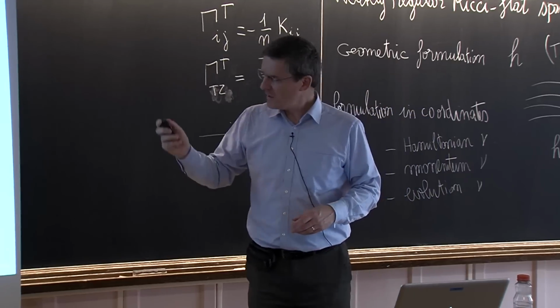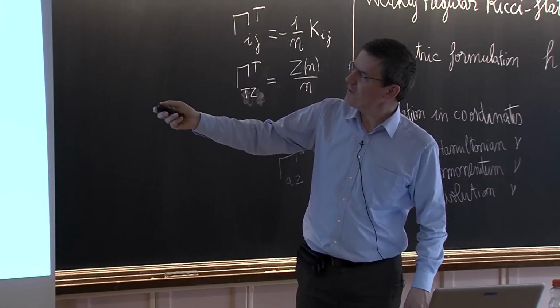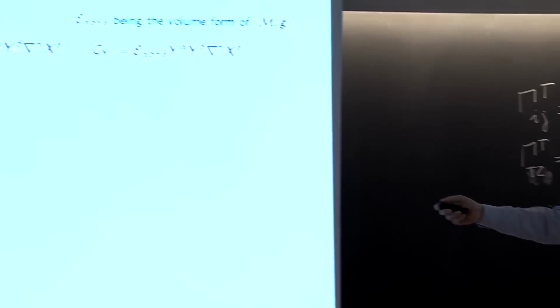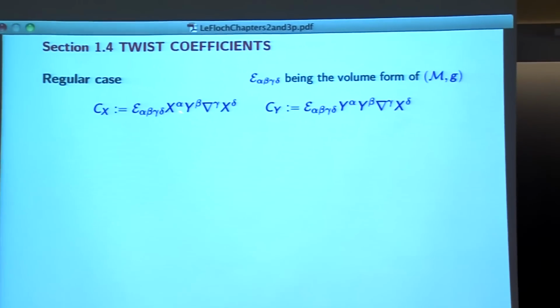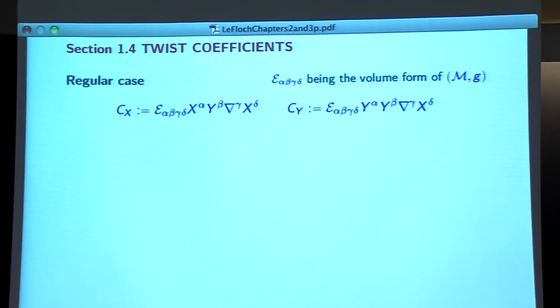It goes like this. You look at your Killing fields, X, Y, and you compute the derivative of one of them, and you contract that in some way using the volume form. So this is a quantity you compute, epsilon alpha beta gamma delta.